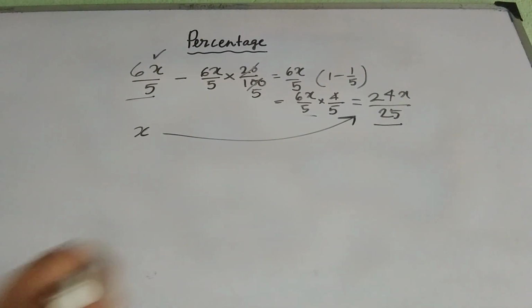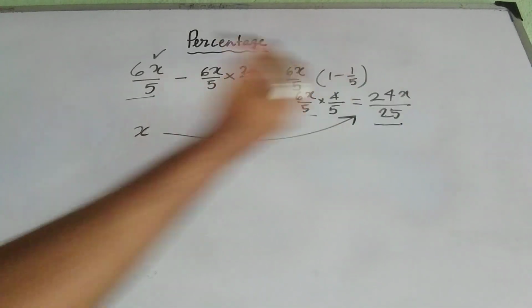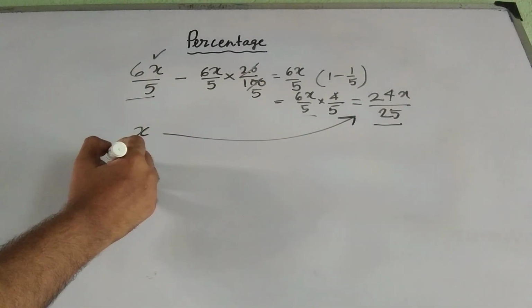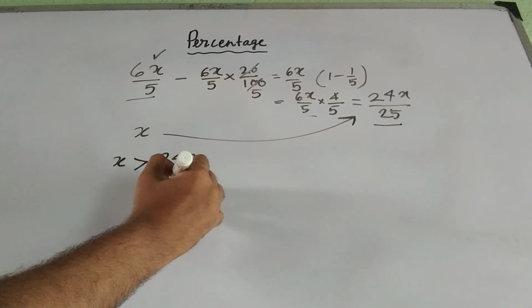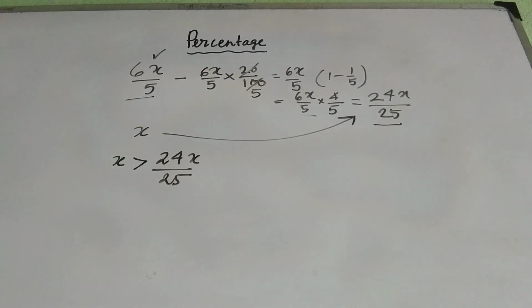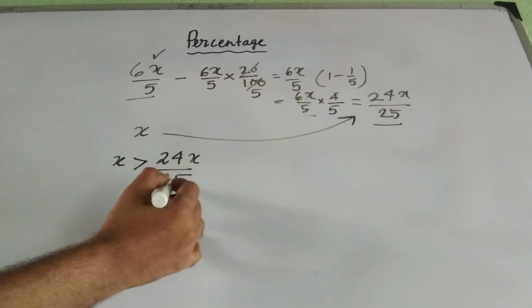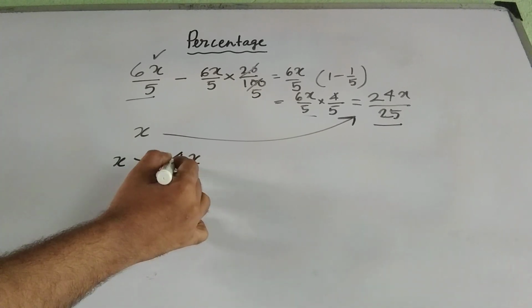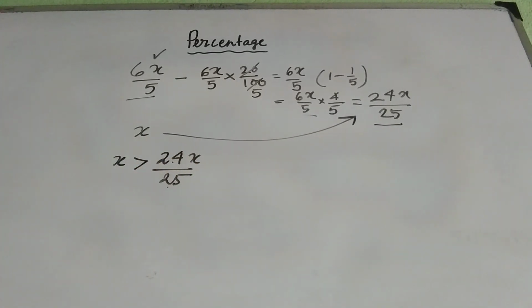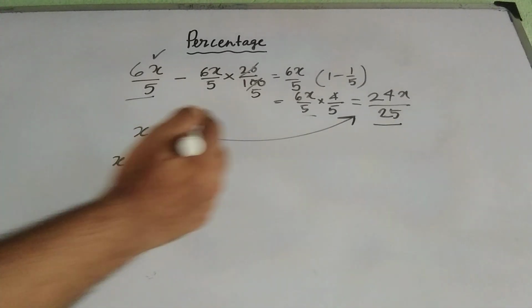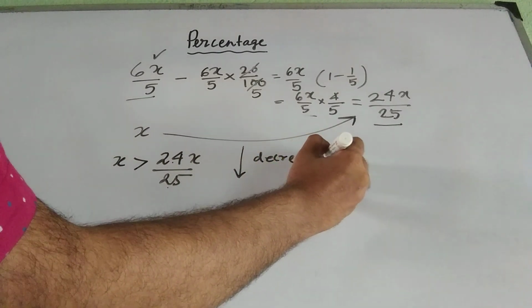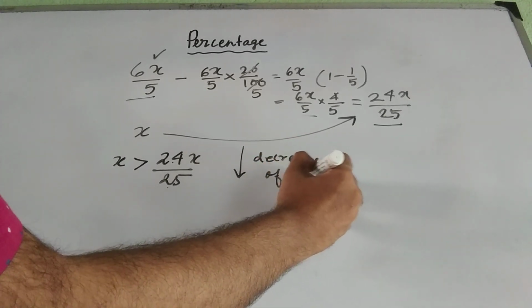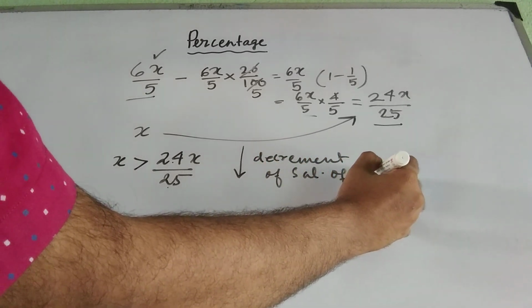You can clearly understand that this is a proper fraction, and 24 is less than 25, so obviously X is greater than 24X by 25. That means there is a decrement of salary of the employee.